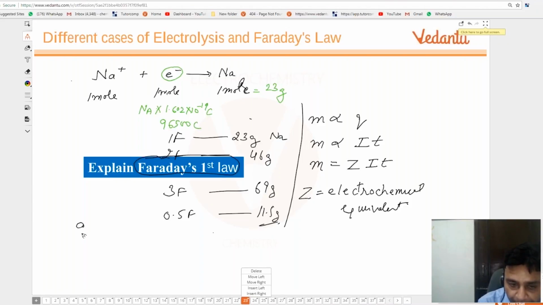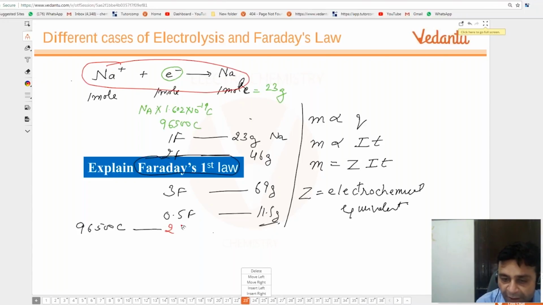If I provide here 96500 coulomb of charge in this sodium, this case, 23 grams of sodium is deposited. If I pass here 1 coulomb of charge, I will get 23 upon 96500 grams.